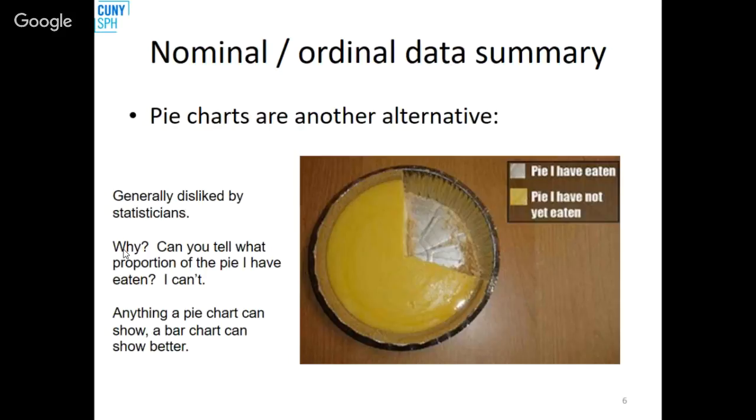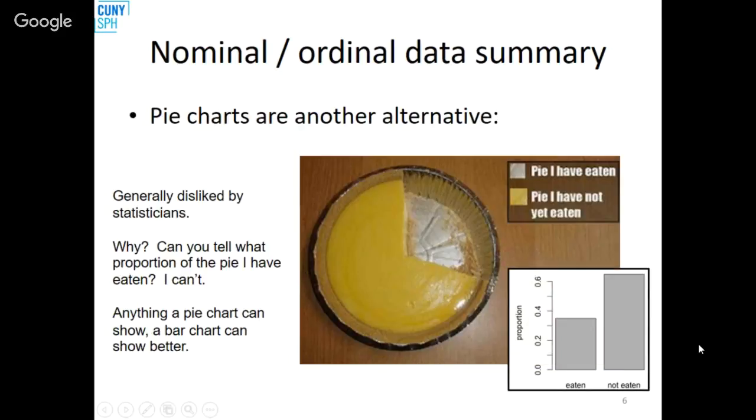Anything that you can represent in a pie chart, you can represent more quantitatively in a bar chart. And in this case, it doesn't really matter if this is 20% of the pie I've eaten or 5%. Good application of the pie chart, and much more visually appealing in this case than the equivalent bar chart.